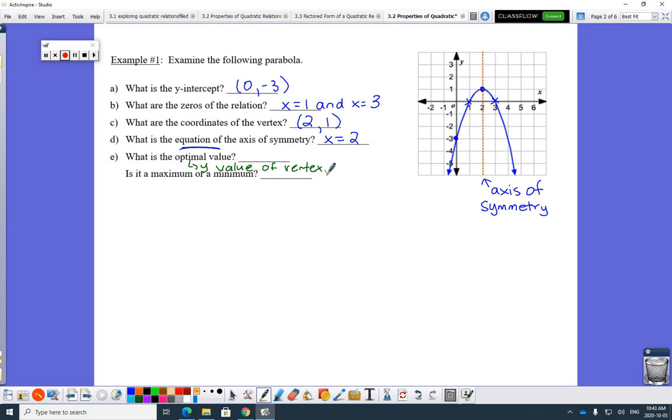Right, so let's say eventually x is the number of bracelets sold and p is the profit, then the optimal value or the maximum profit you're going to get is determined by the y value. Okay, so we're going to write y equals. So axis of symmetry is the x value, the optimal value is the y value.